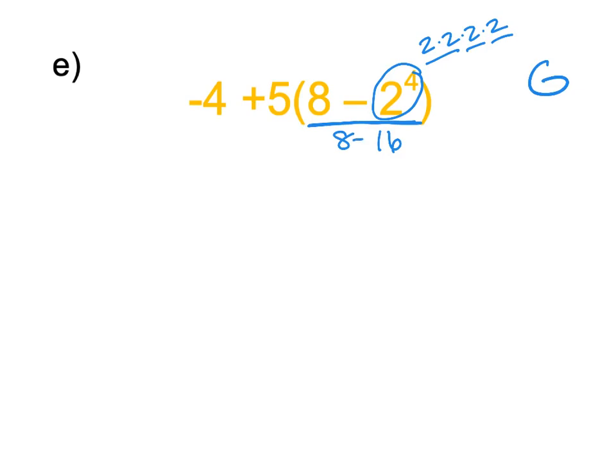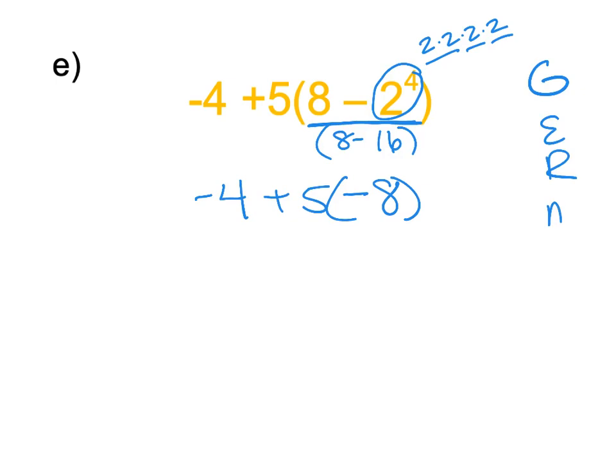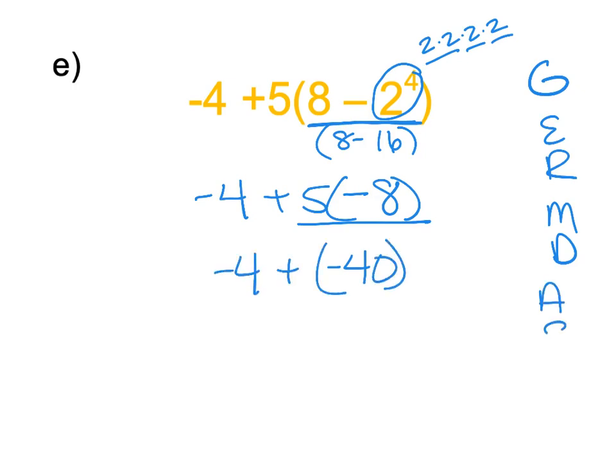So I have 8 minus 16, which gives me a negative 8. That 5 is right in front of it. No exponents or radicals anymore. Multiplication, division. This is a multiplication. 5 times a negative 8 gives me a negative 40. Addition and subtraction. Negative 4 plus a negative 40 gives me negative 44.